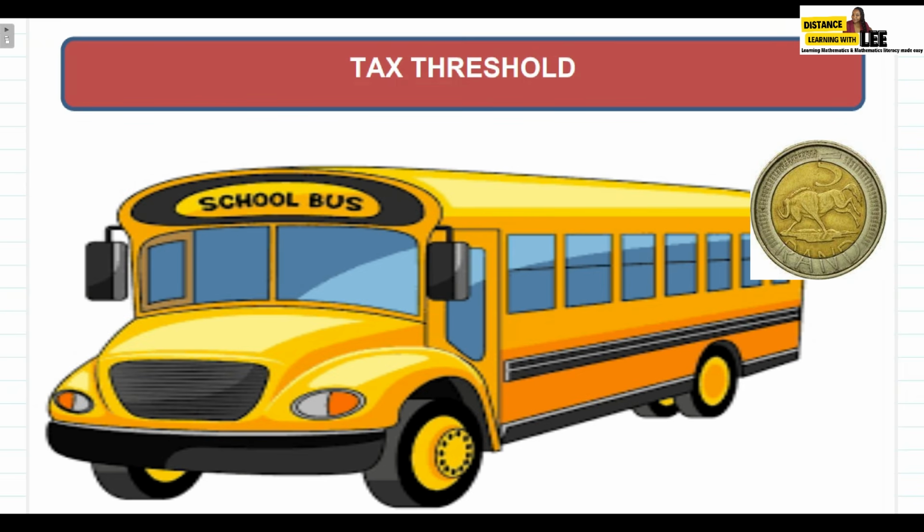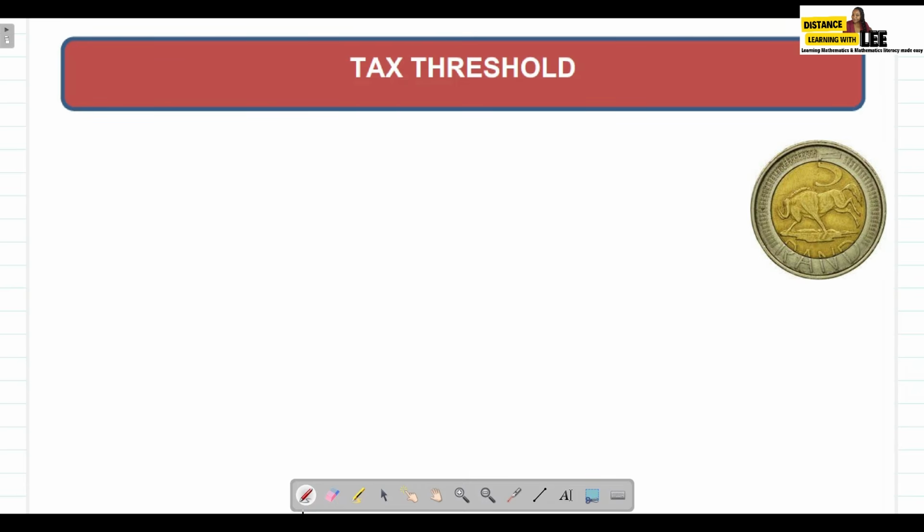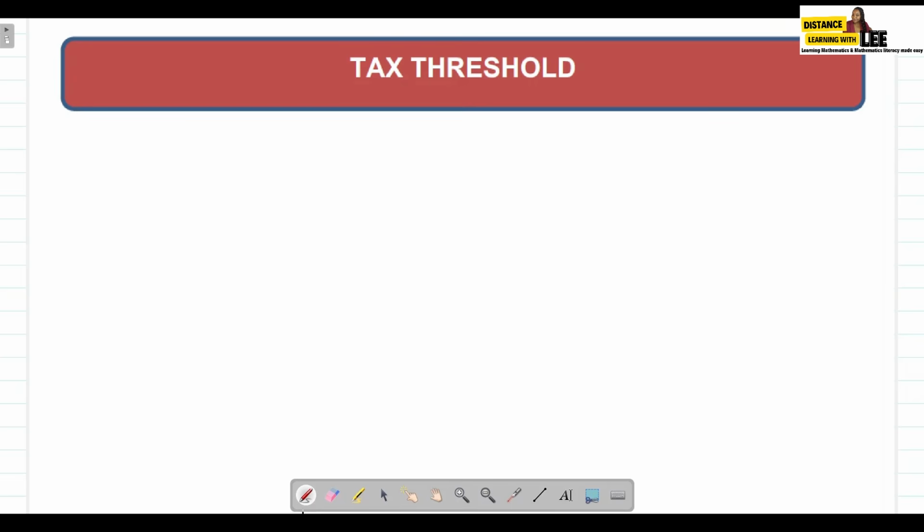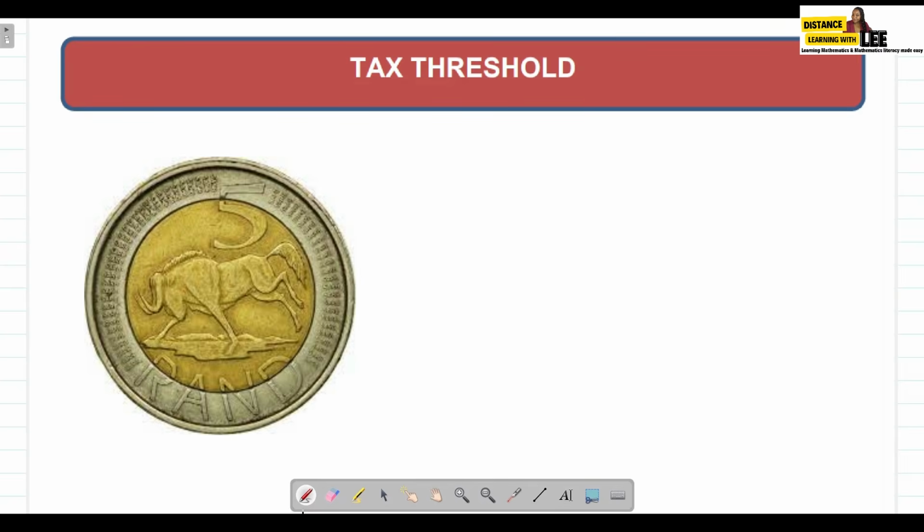The bus fare, or the amount that you need to get to school, is 5 rand. What that means is that if you have less than 5 rand, you cannot get into the bus. So our threshold is 5 rand, because that amount helps us determine whether you can or cannot get into the bus.